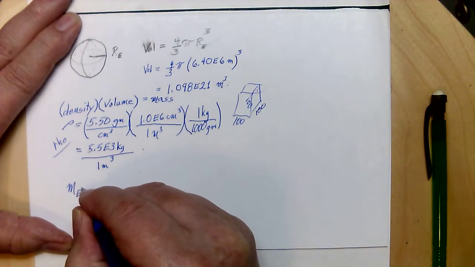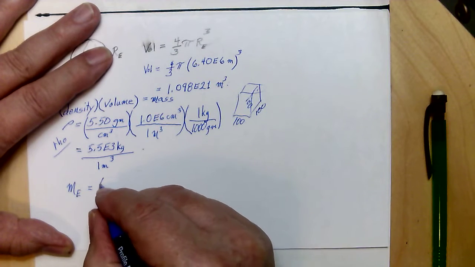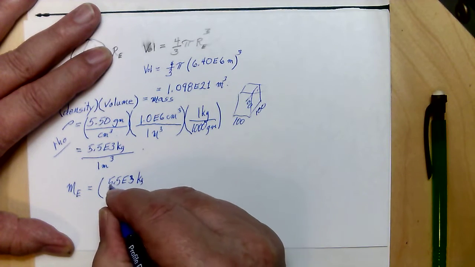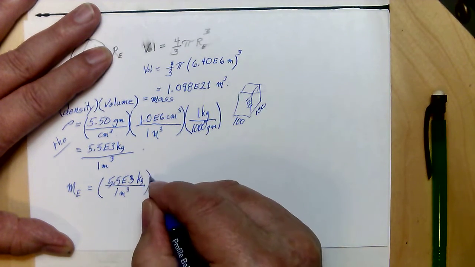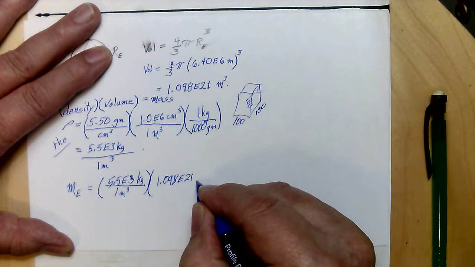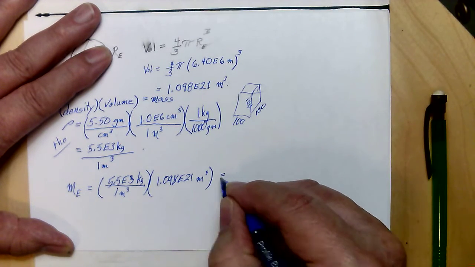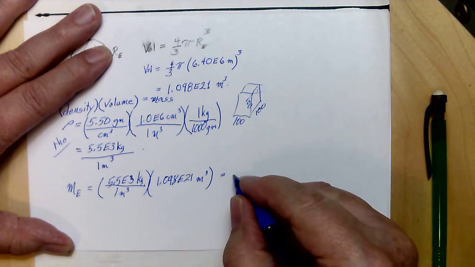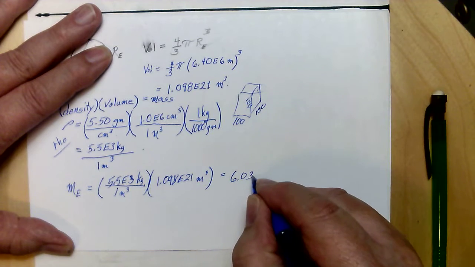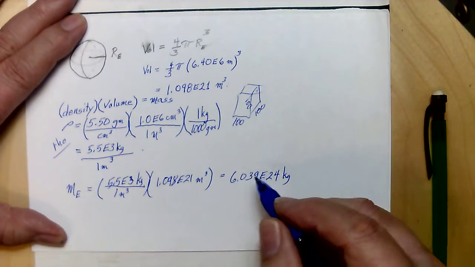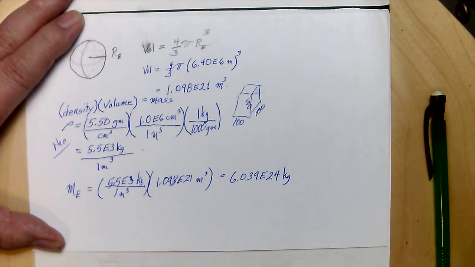So we're going to get the mass of the Earth is this density, 5.5 E3 kilograms per cubic meter, times 1.098 E21 cubic meters, gives us a mass of the Earth as 6.039 E24 kilograms.